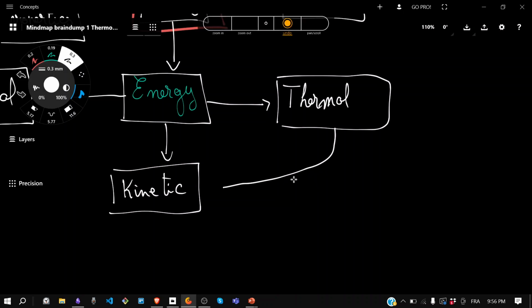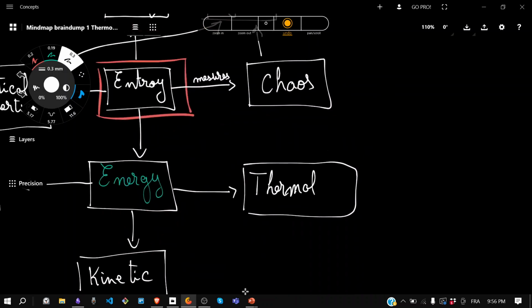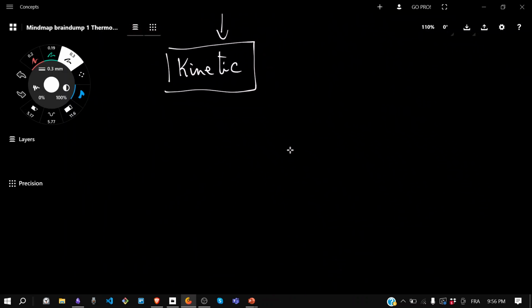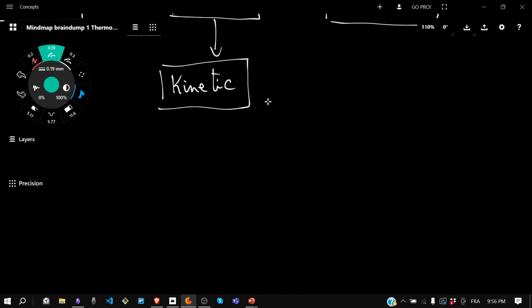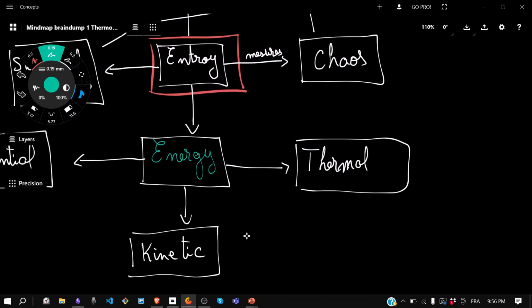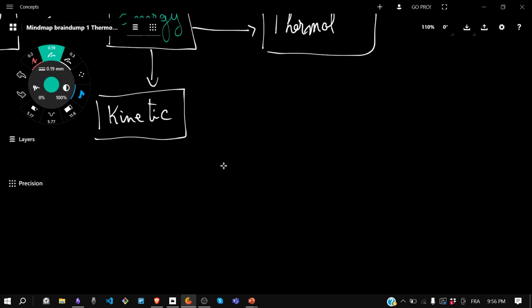And here I'm going to add a new word, which is particles. I don't know why, but I'm going to call it particles, which is not that central, but it's important.